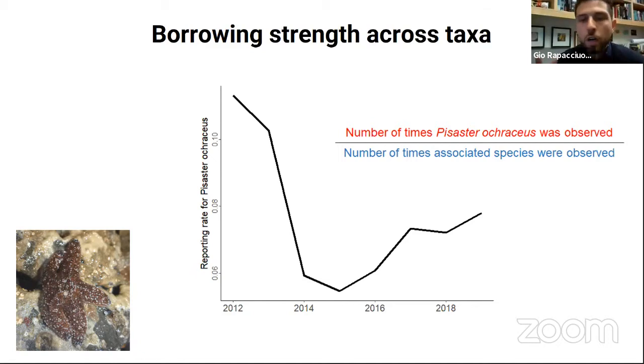And you can see that this curve here looks a lot more like what we'd expect for Pisaster, with a huge decline starting in 2013, but really in 2014, 2015, and then to do with sea star wasting disease, which we found out a little bit about earlier from Alison, and then a recovery in more recent years.